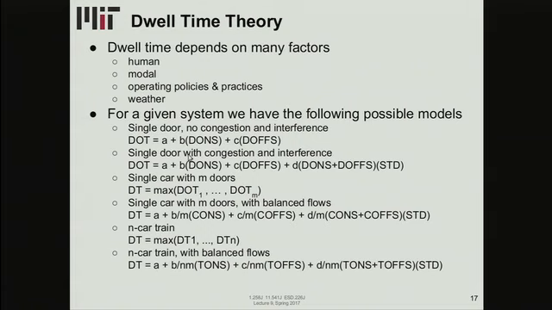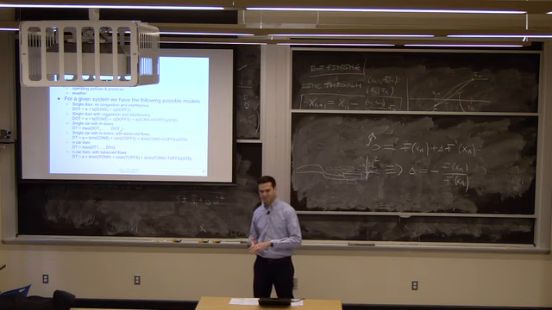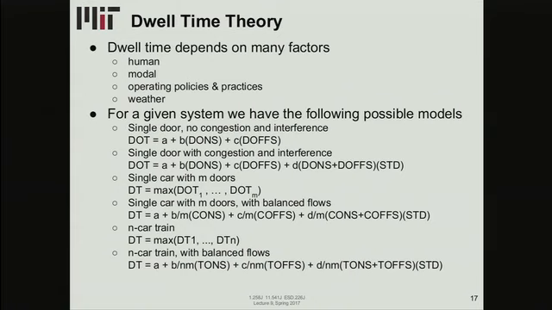Now, what if you notice that when the train is packed, people take a lot longer to get off and on? Then you want to add the effect of interference or congestion or friction. Some people call it friction. So one way of doing that is to add a term, the passenger friction term. We multiply the number of people getting on and off times the number of standees in the vehicle.